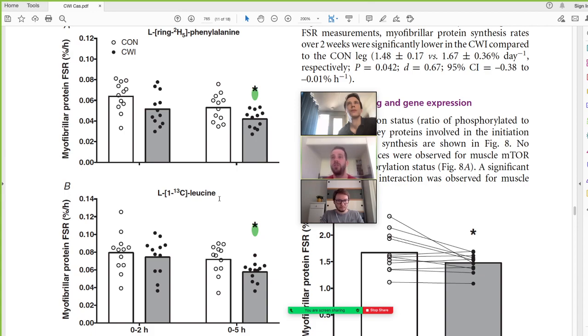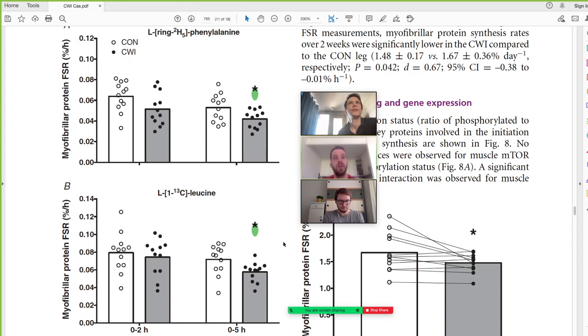We also found over 2 hours no significant difference in muscle protein synthesis. And if you look at the individual data points over the first 0 to 2 hours, it's roughly similar between both legs.